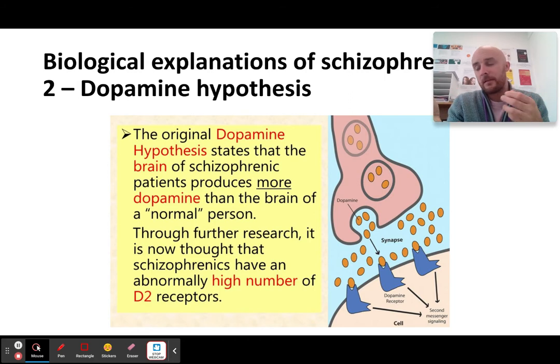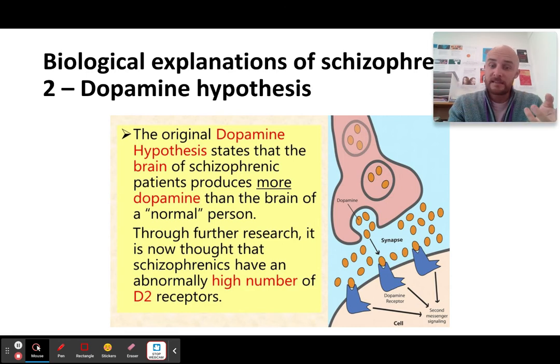Now, we went away, and I say we, I did very little towards it, but we went away and we did some research, and we found that actually, no, not everyone with high dopamine does have schizophrenia. So, and this is a key term, what the theory showed was a scientific adaptability to adapt to emerging evidence.